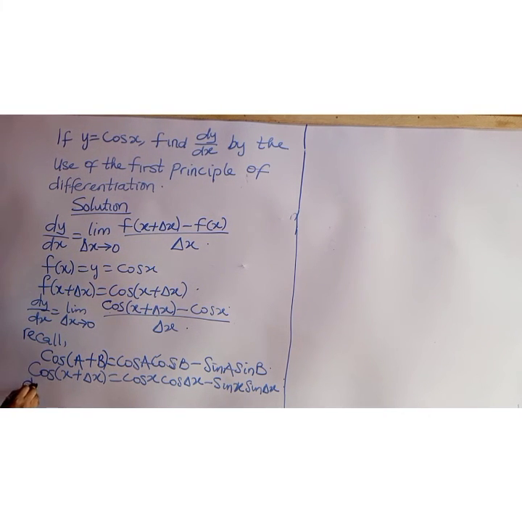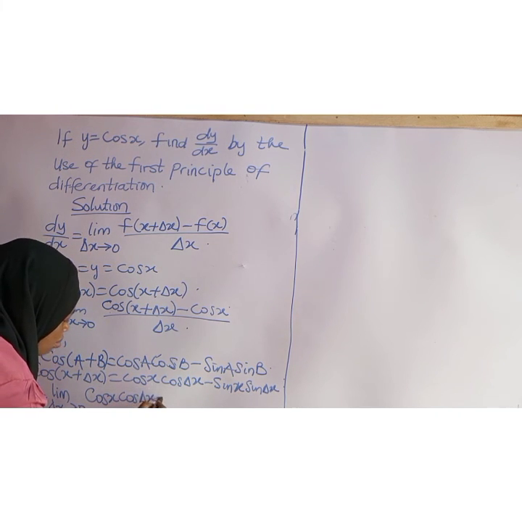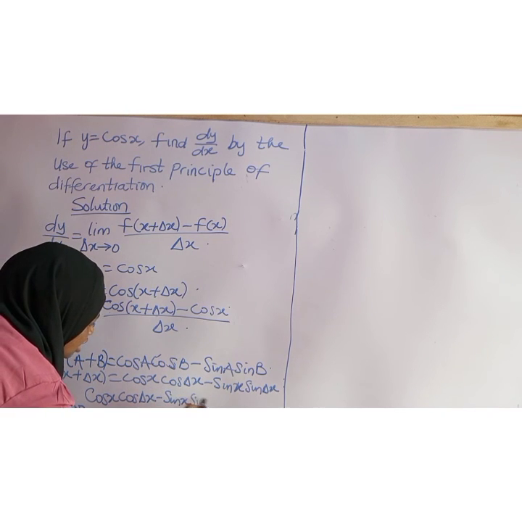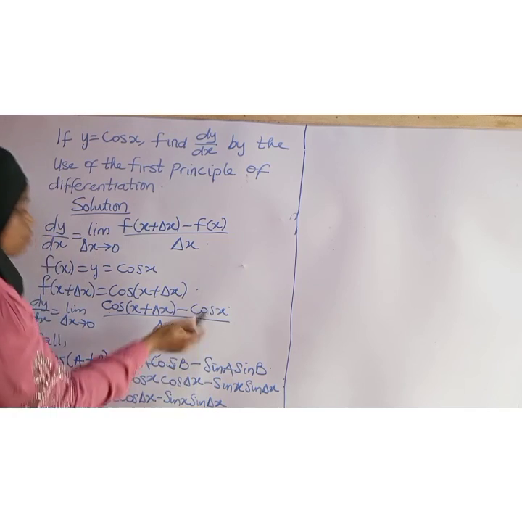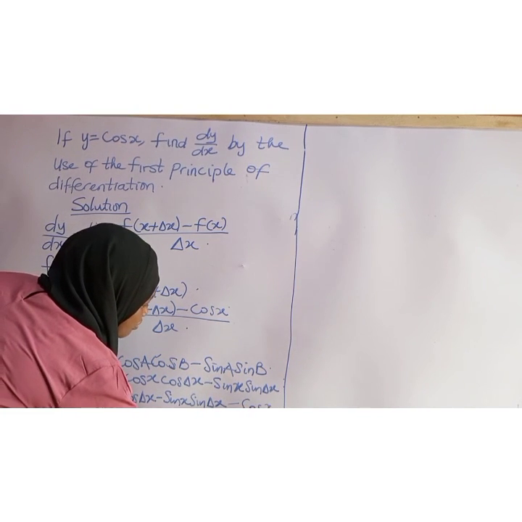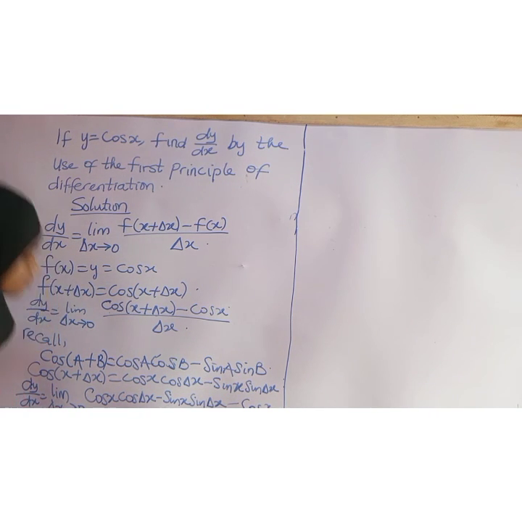So dy/dx is now equal to the limit as change in x tends to 0 of cos x cos change in x minus sine x sine change in x, then minus cos x, everything divided by change in x.